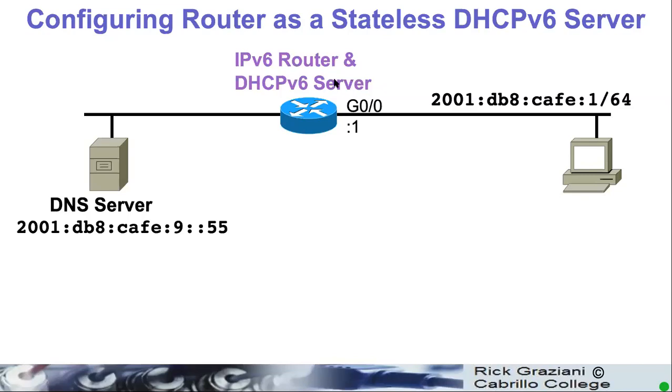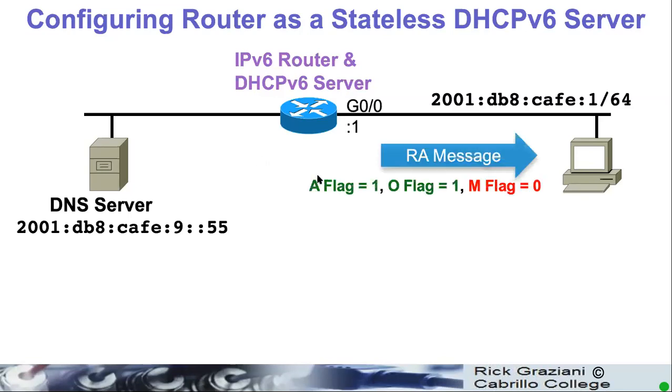So let's say we're going to create a router that is a stateless DHCPv6 server, and it's going to provide the DNS server information, which we have, the server is over here. The A flag has been set to 1, the O flag set to 1, the M flag remains at 0.